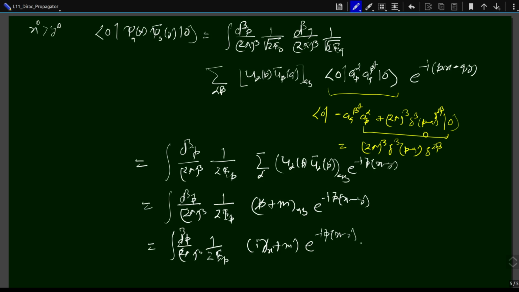In other words, the ab term is the ab-th element of the operator (i del slash x plus m) acting on d3p by (2 pi)^3, 1 by 2E_p, e^(-i p.(x minus y)). So this is what this term is.